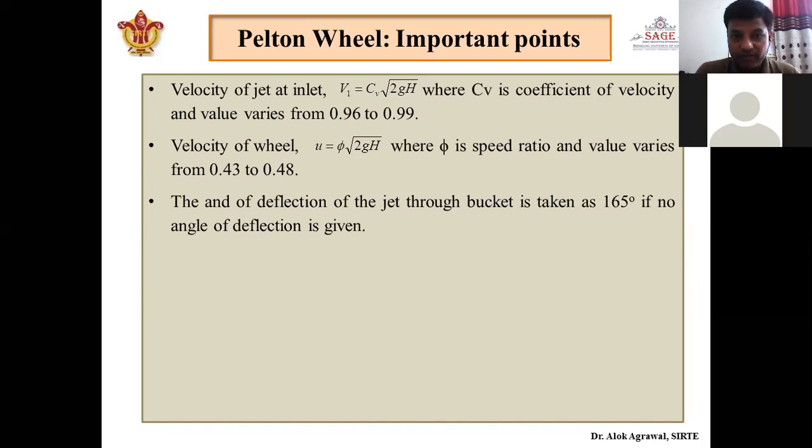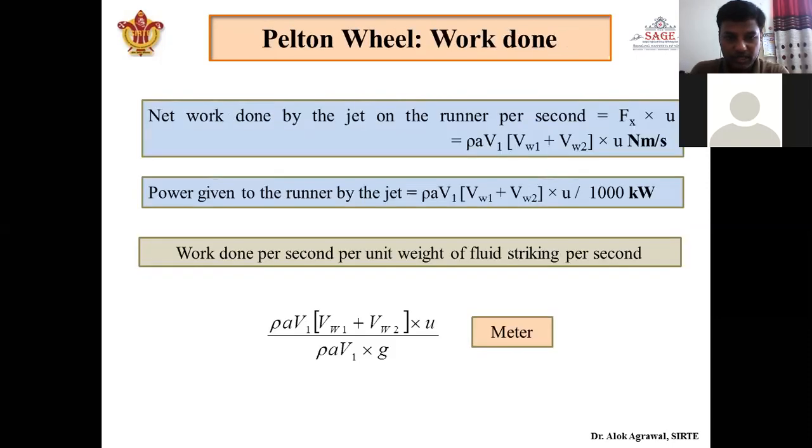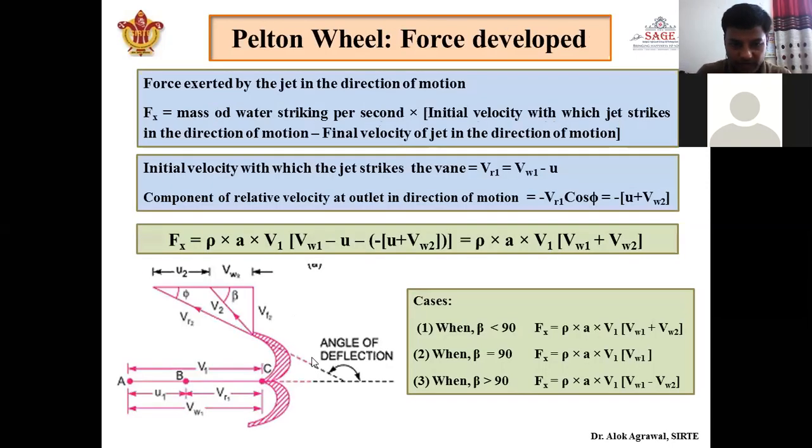The angle of deflection of the jet through the bucket is taken as 165 degrees. What is angle of deflection? Let us see from this diagram. Angle of deflection is this, because jet enters in a tangential direction, it will reverse back following this path. When we extend this VR2 line which meets this horizontal line, this is called angle of deflection.